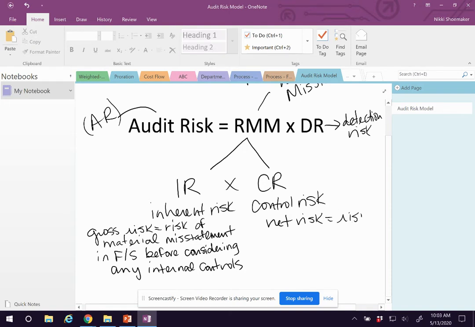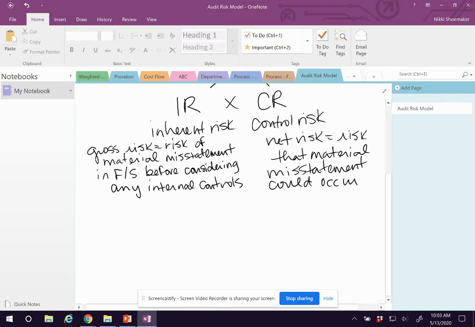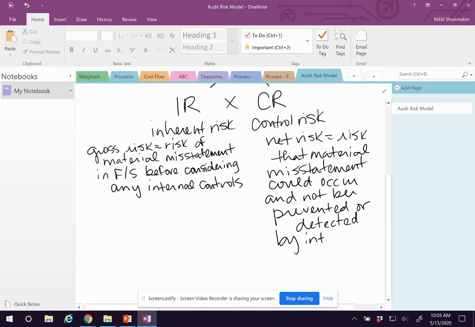So this is the risk that material misstatement could occur and not be prevented or detected by internal controls.